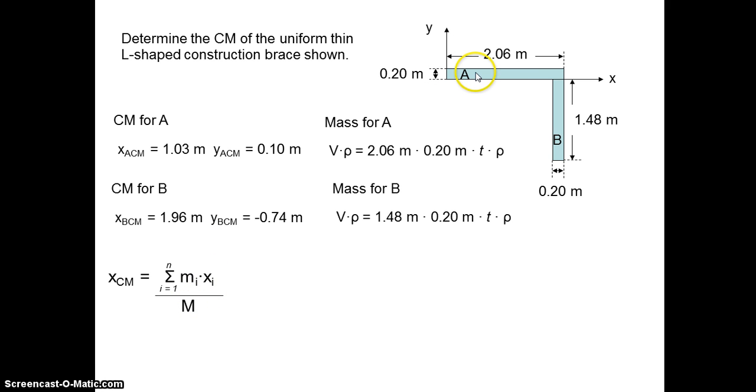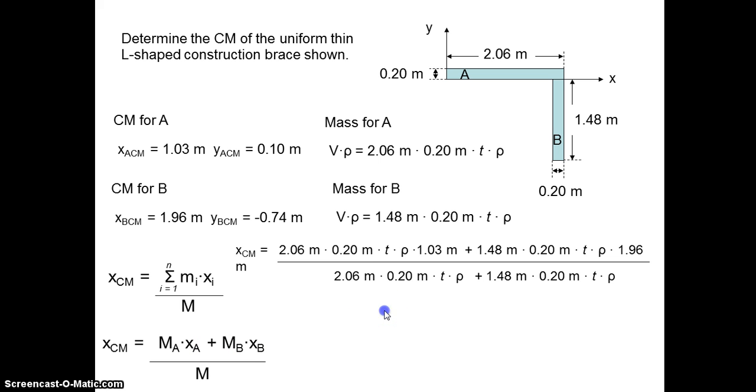Well, we've got two elements here, A and B. So we're going to have to add up both of those products of the individual masses times the positions of their centers of mass. So that's going to be the mass of A times the position of A in the x direction plus the mass of B times its position in the x direction divided by the total mass. So that's the idea. Now let's see what it looks like when I plug into that.